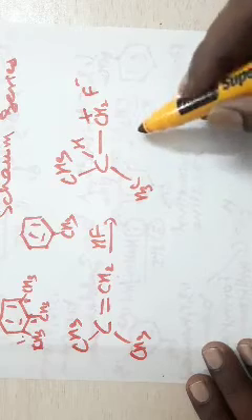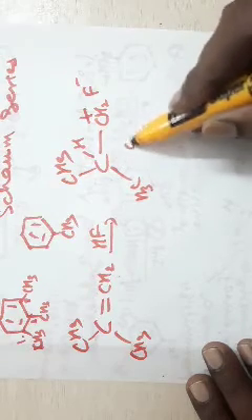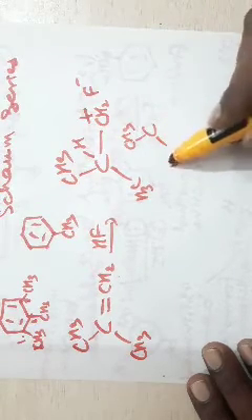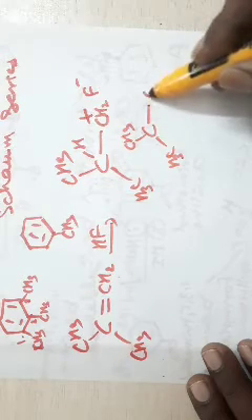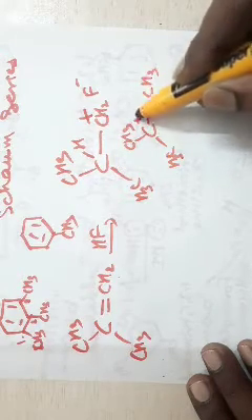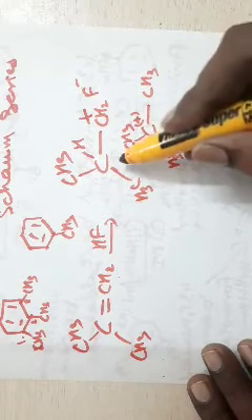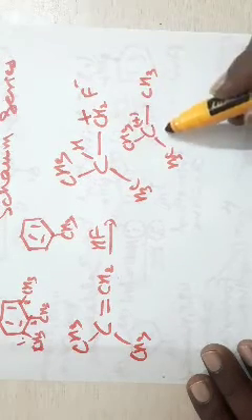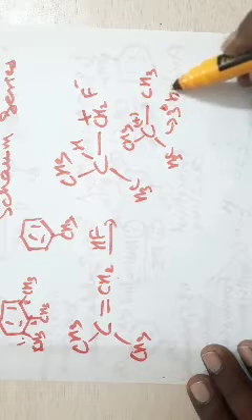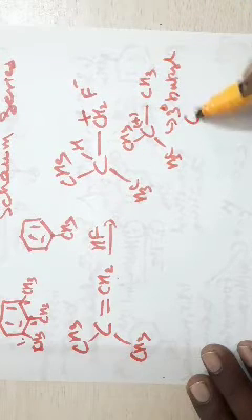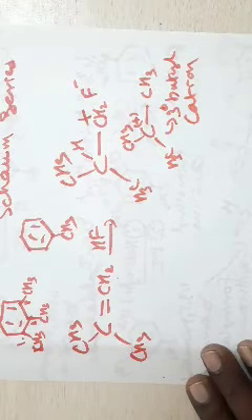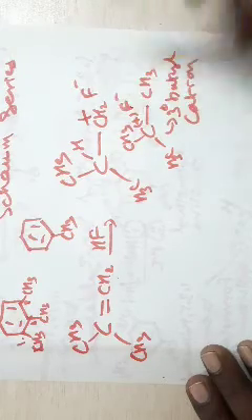This is possible, and another one is H3C, CH3. So this is your isobutyl cation and this is your tertiary butyl cation, with F minus.